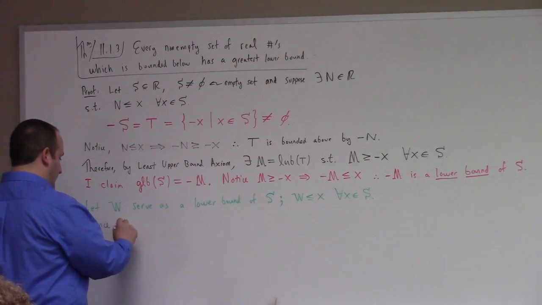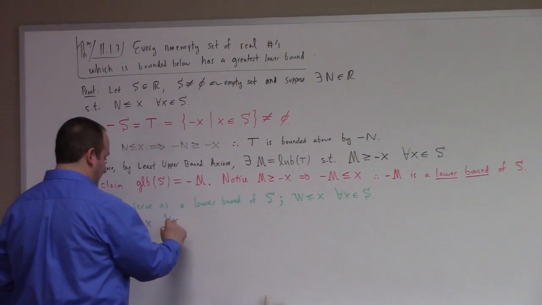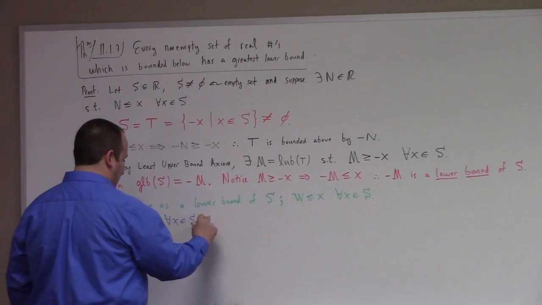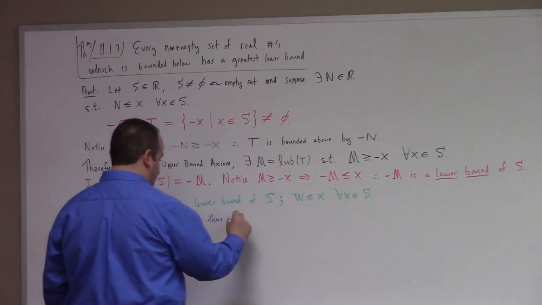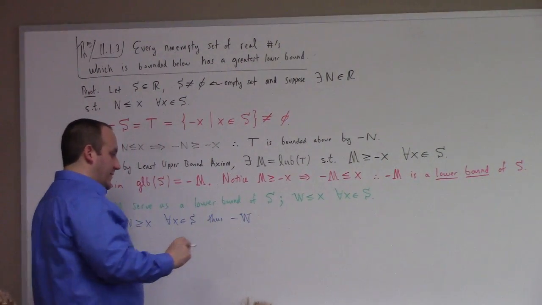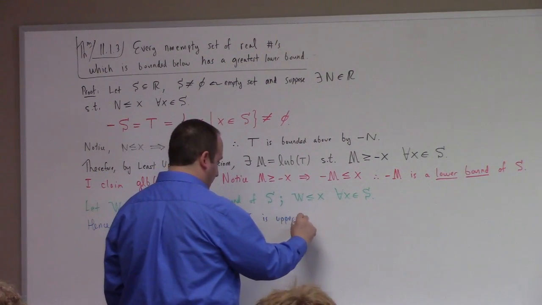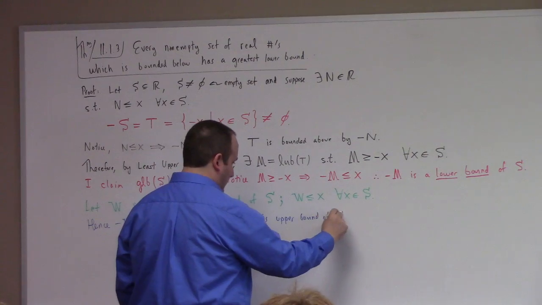Hence, minus W is greater than or equal to minus x for all x in S. Thus, minus W is an upper bound of T.